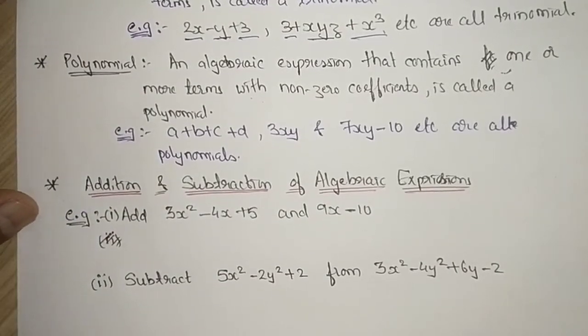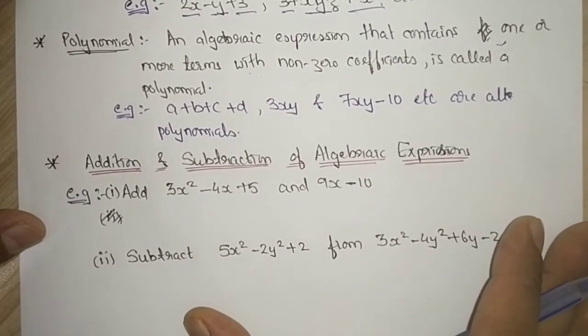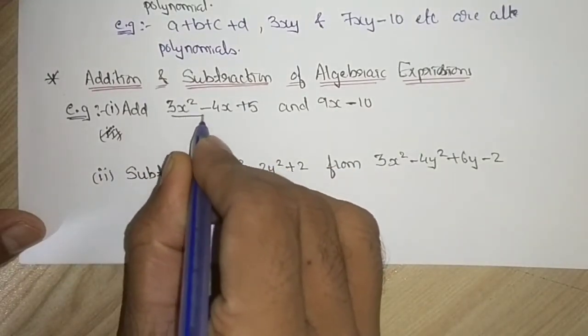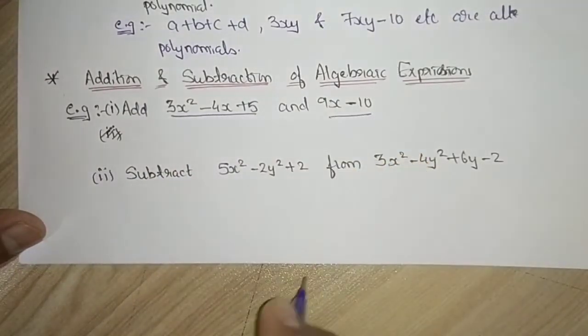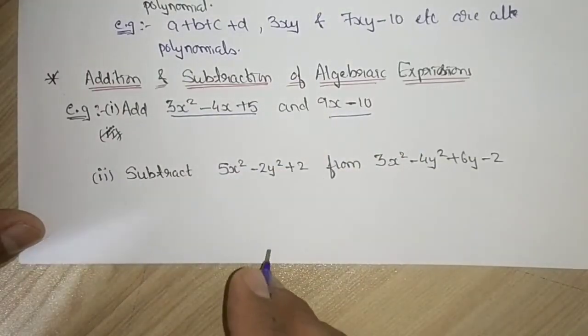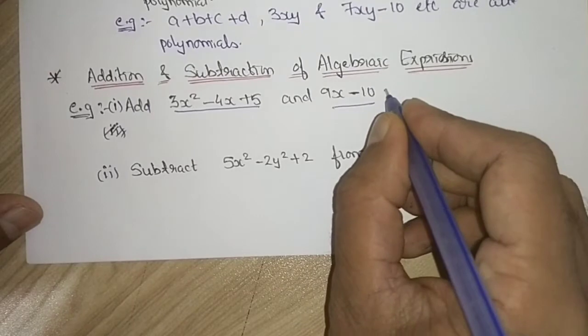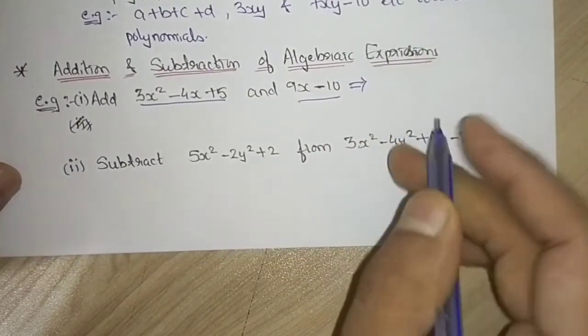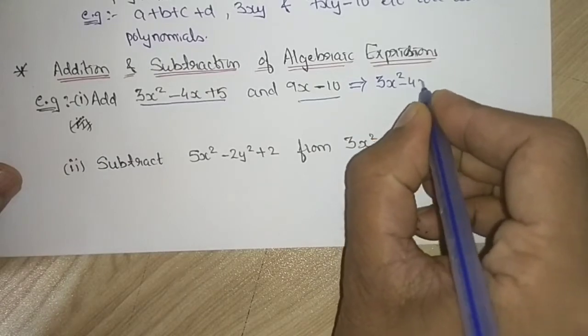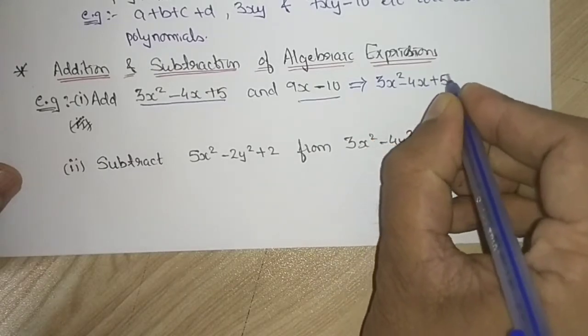Now, coming to addition and subtraction of algebraic expressions. They have given you two algebraic expressions and they tell you to add the two algebraic expressions. So what you will do? You will write the expression 3x square minus 4x plus 5.